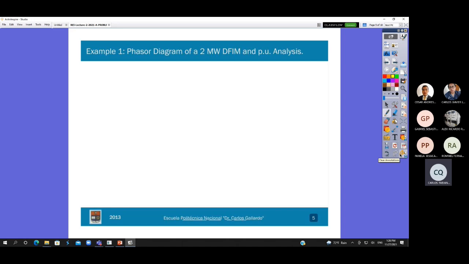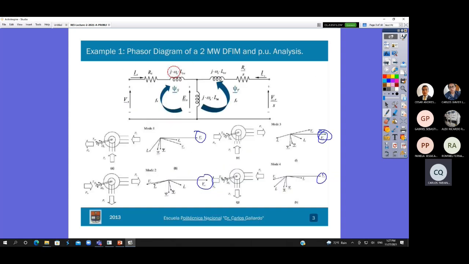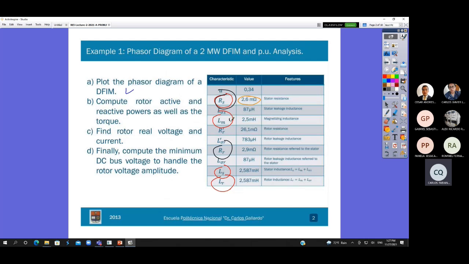The rotor current is equal to the stator flux minus the stator inductance times the stator current, over the magnetizing inductance. According to the program, this is data from the manufacturer. This is the magnetizing inductance, and this is the stator inductance.